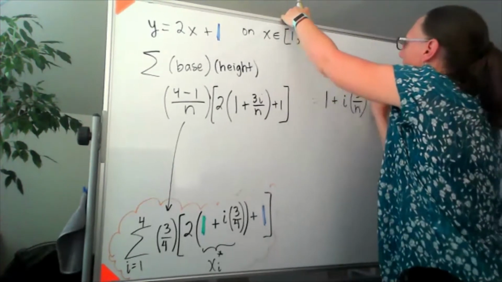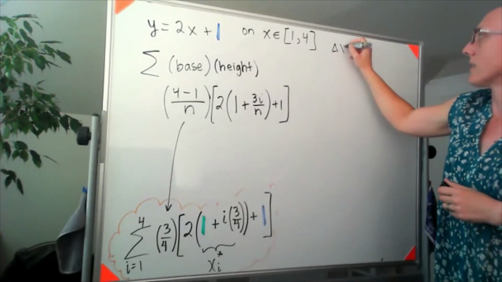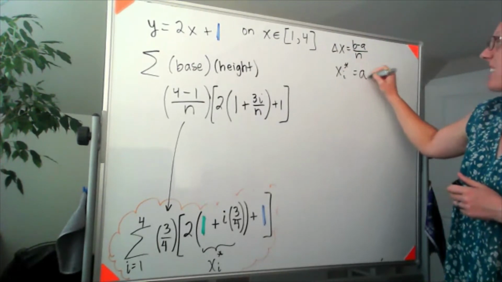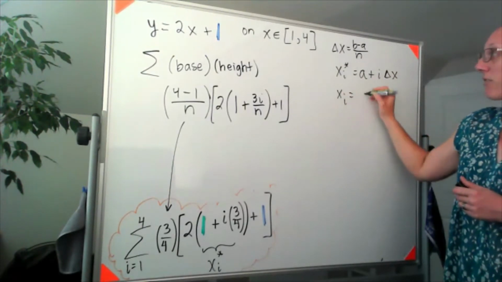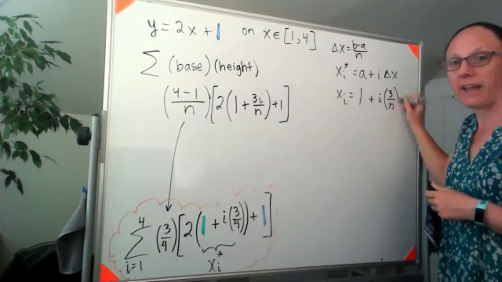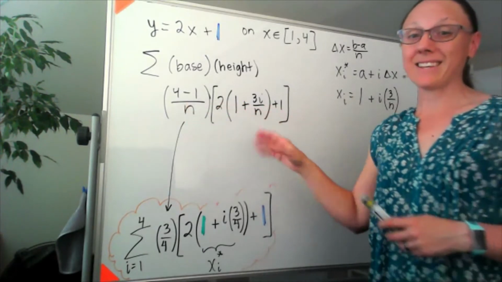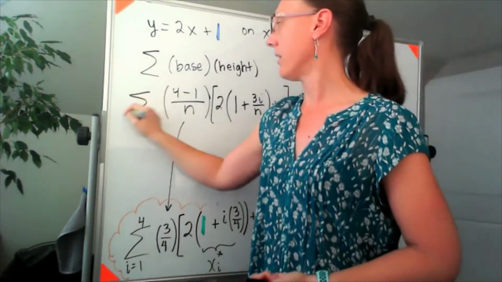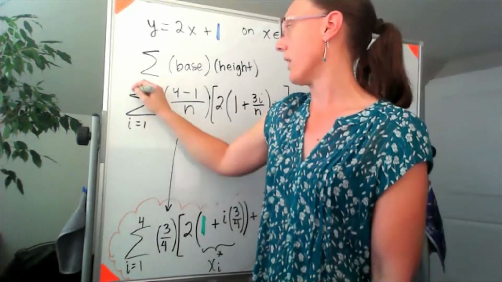Scoot both of these over a little bit. So our delta x was b minus a over n. Our x_i star in general is a plus i times delta x. And specifically for this problem, that meant it was 1 plus i times 3 over n. So this is the area for our ith rectangle. And then we come in here and say we're going to add up all those rectangles from i equals 1 to n.